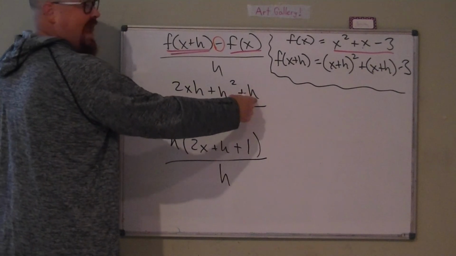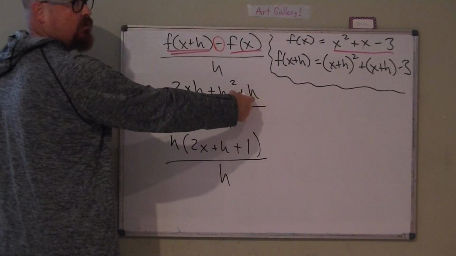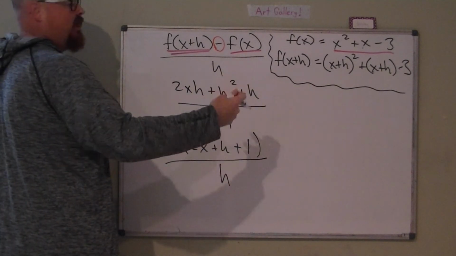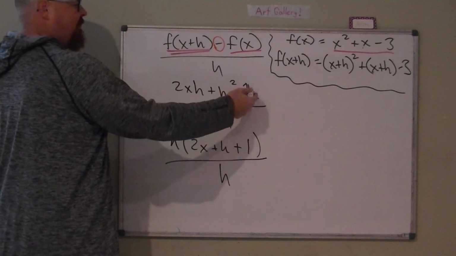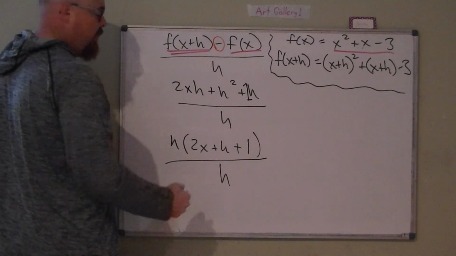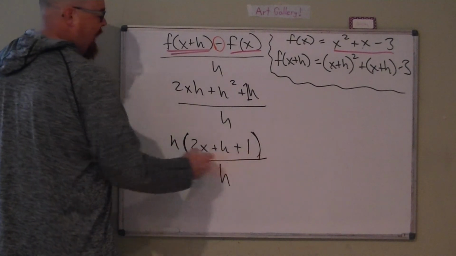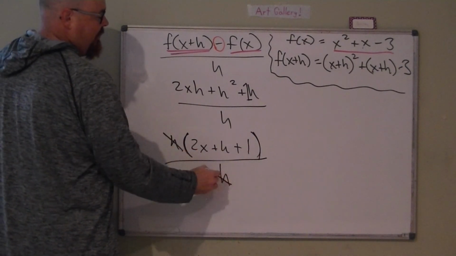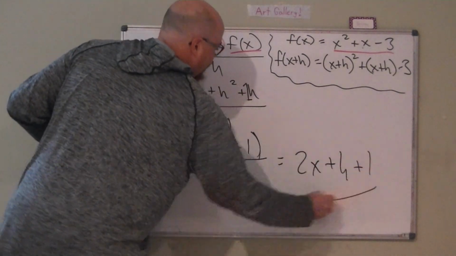If this was 2h and I factored the h out, there would be a 2 left over, right? We wouldn't just say, oh, there's nothing there now. This is a 1, this is 1h. So when I factor the h out, there's a 1 left over. Now once I have it on the outside, that h is being multiplied times this. So I'm canceling that h with that, and I'm left with 2x plus h plus 1.